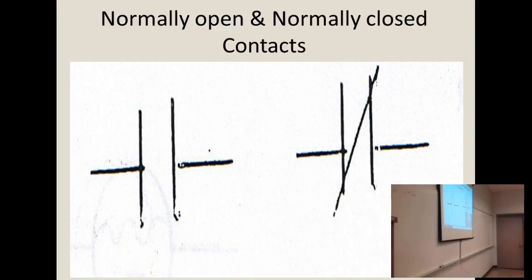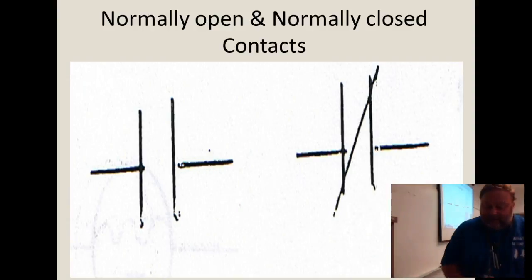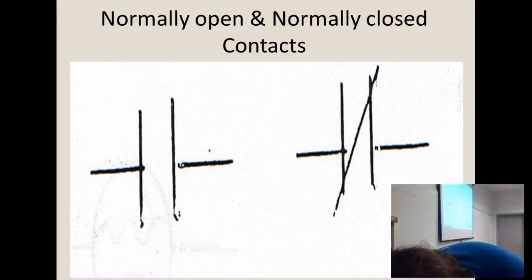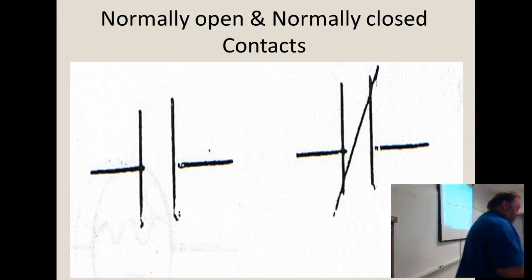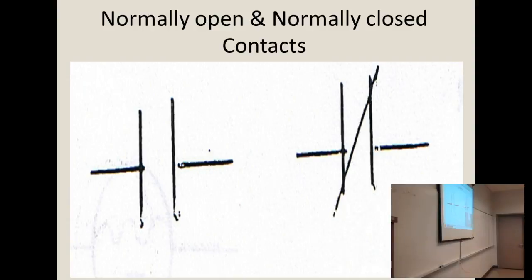Okay, so automatic switches are controlled usually by a coil, usually a magnetic coil. And the most common would be a contactor or a relay. If you look here, I got a coil here.